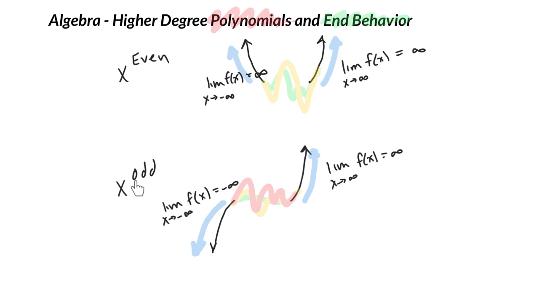If it was x to the 31st, if that was the highest power, I know that it's going to have that, then all these little bounces in the middle dictated by the other terms. But the highest powered term tells us the overall shape and what's happening. We can almost think about it like a blank box in the middle where the other terms tell us what's happening, but the biggest one tells us what's happening at the ends.